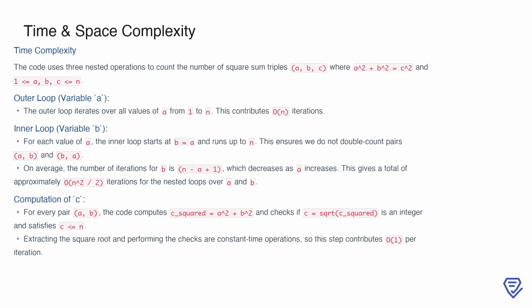When we combine all iterations of b across the range of a, this contributes n squared / 2 iterations overall. Finally, for each pair of a and b, the code computes c_squared as a squared plus b squared, then checks if the square root of c_squared is an integer and satisfies c <= n. These operations, involving square root extraction and comparison, take constant time, or O(1), for each iteration. Together, these steps form the building blocks of the algorithm's time complexity.